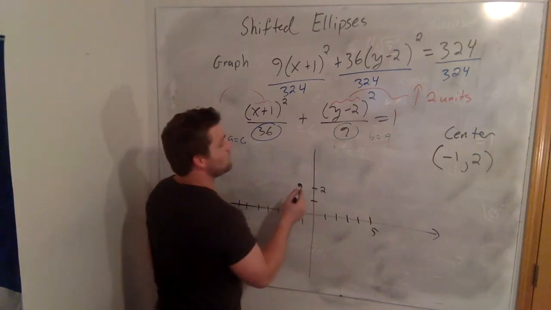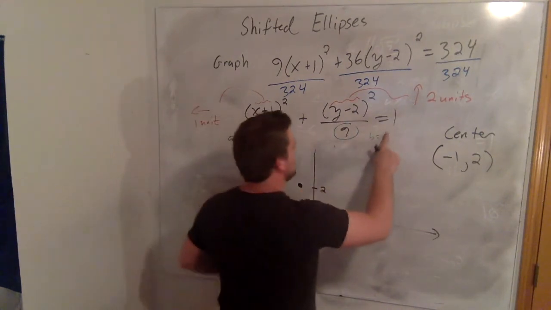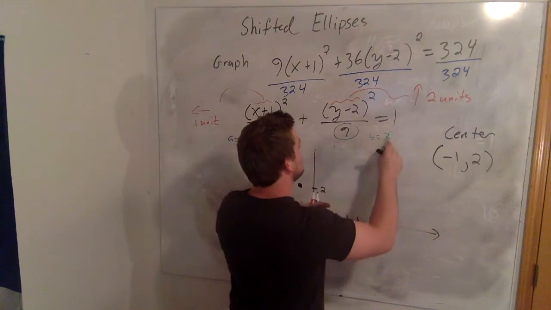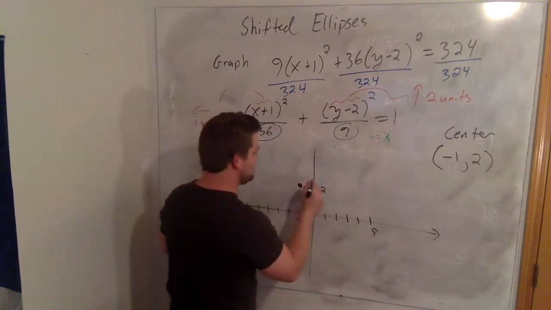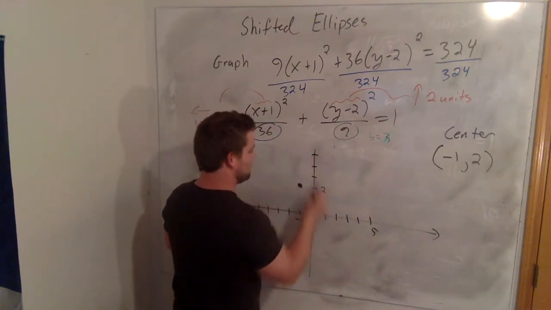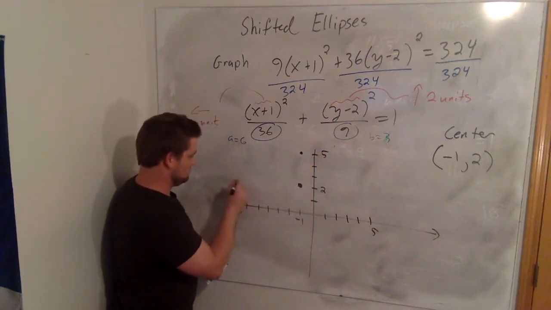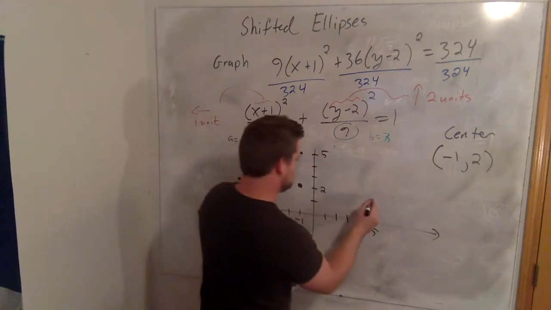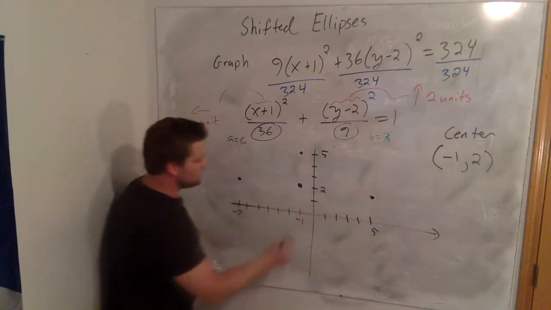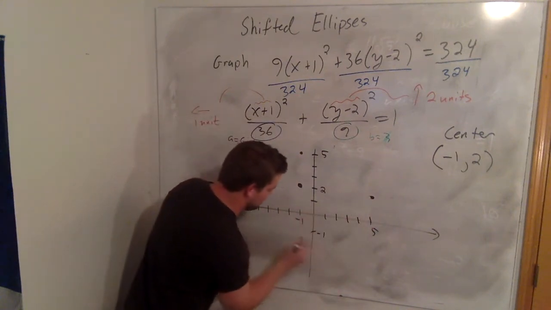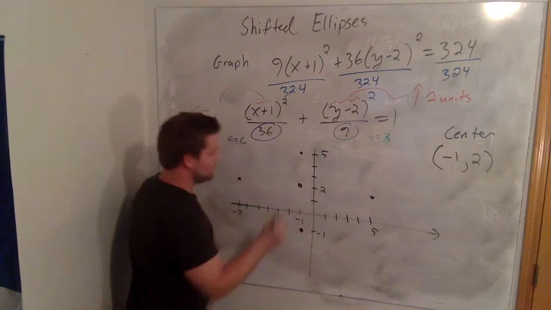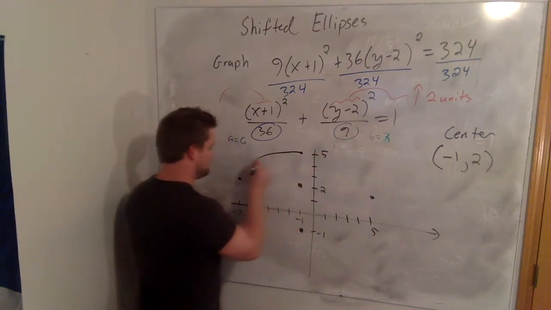Okay, we need to go up. b is 3, the square root of 9, so I need to go up 3 units. So this will be at 5. And we need to go down 3 units. So here's -1.